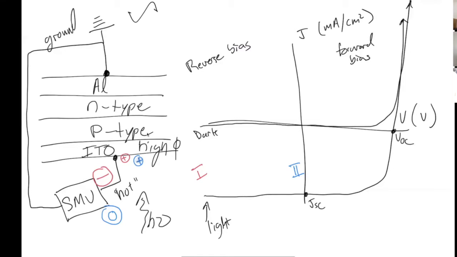Now let's look at, let's say, region 3, and region 3 is where we start to bend upward here. And now we have a little positive charge and a little positive charge. And what they do is they start to cancel out. They basically cancel out.